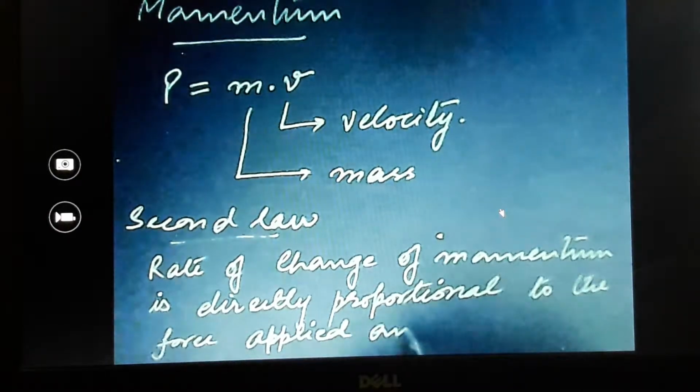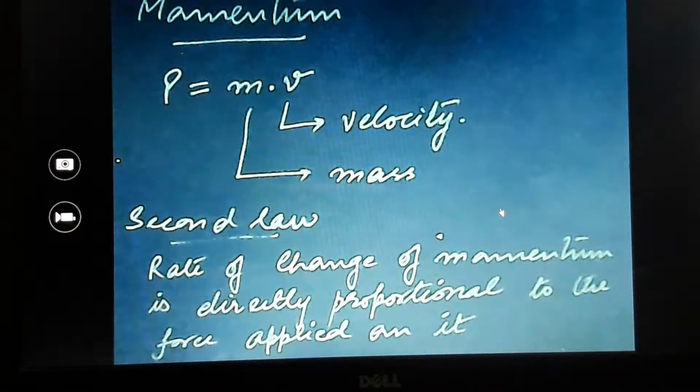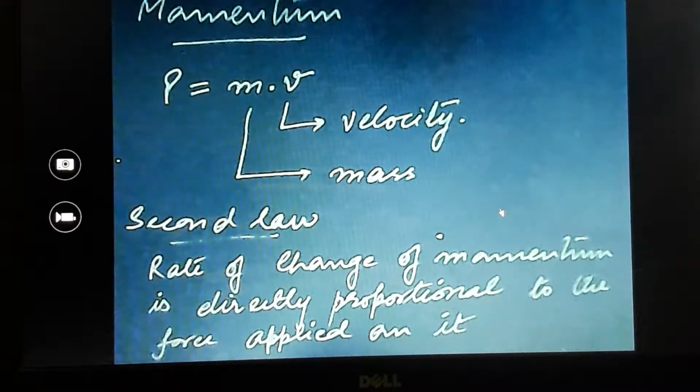Okay, so this is Newton's second law of motion.